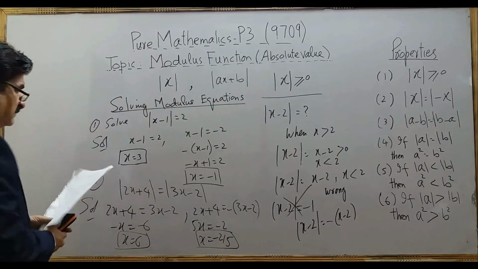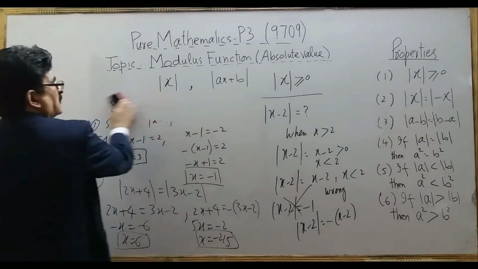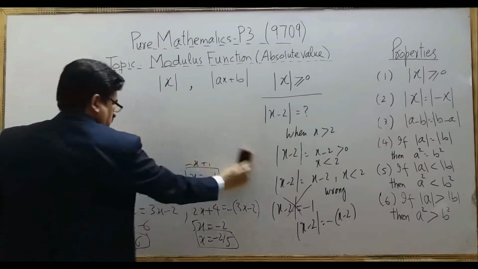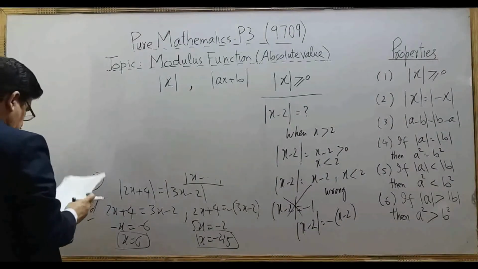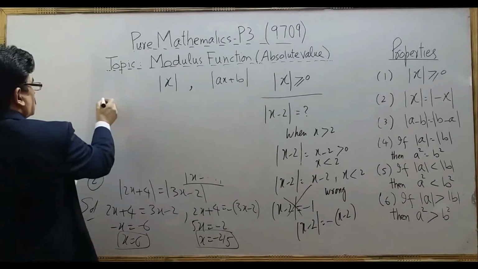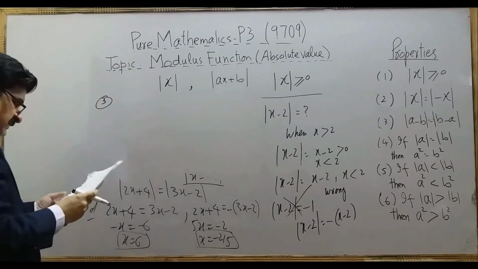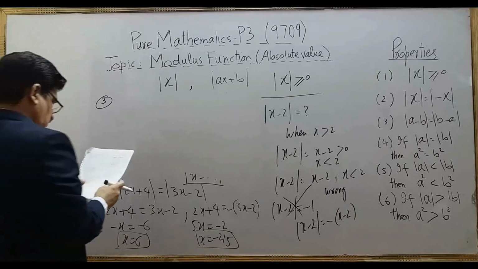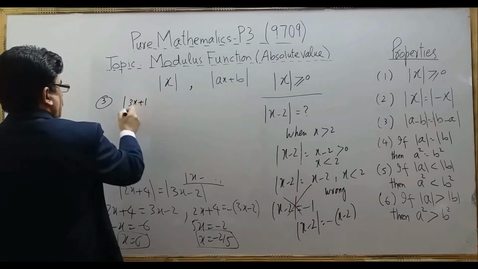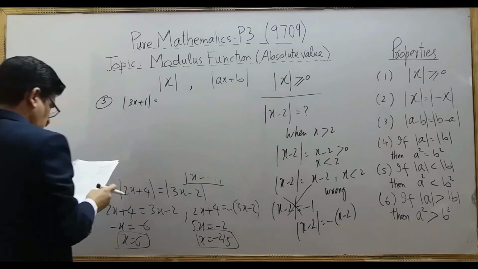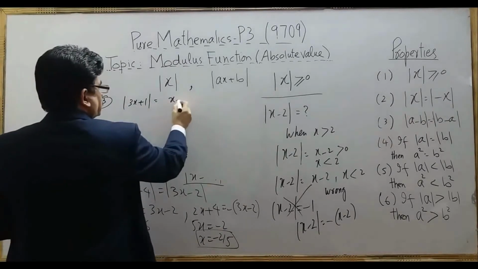Then we have the next example. Now the third example is |3x + 1| = |x − 1|.